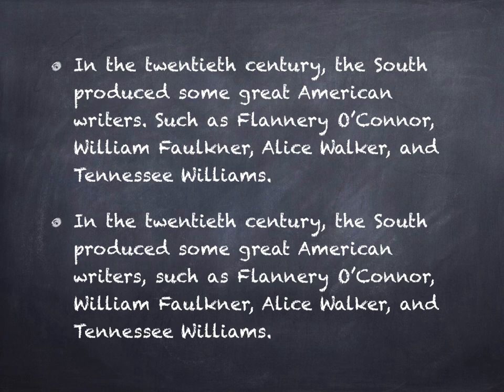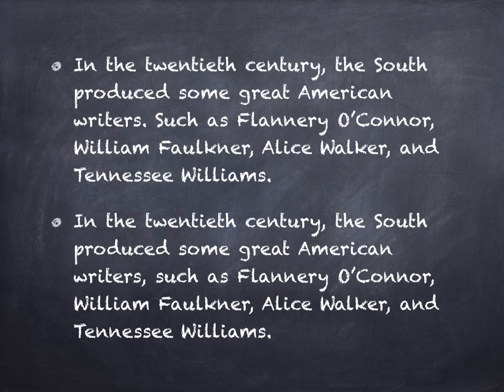Another example. In the 20th century, the South produced some great American writers, such as Flannery O'Connor, William Faulkner, Alice Walker, and Tennessee Williams. I have seen so many students do this in their paper. They set this up as a complete sentence, such as Flannery O'Connor, William Faulkner, Alice Walker, and Tennessee Williams. That is not a complete sentence.